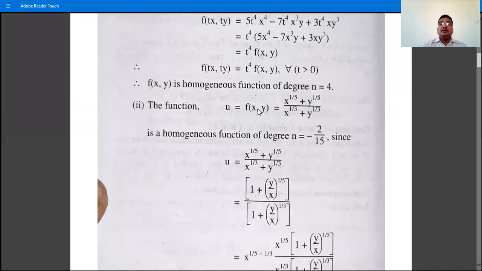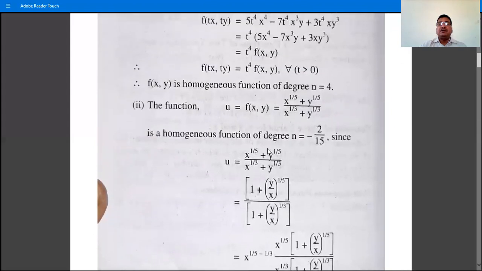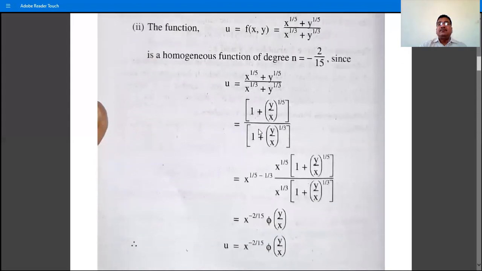So the next example is u or f of xy is equal to x raised to 5 plus y raised to 5 divided by x raised to 3 plus y raised to 3. We have to check whether this is a homogeneous function. So first, by using the first approach, take x raised to 1 by 5 as common.